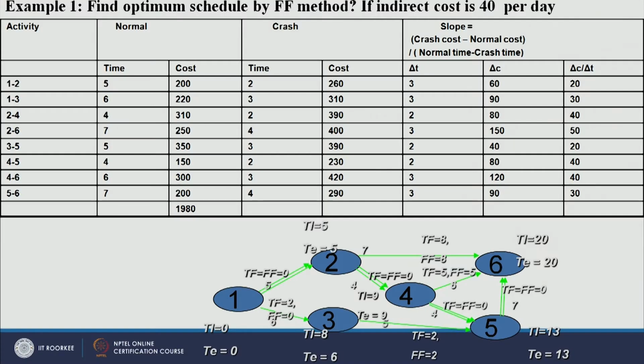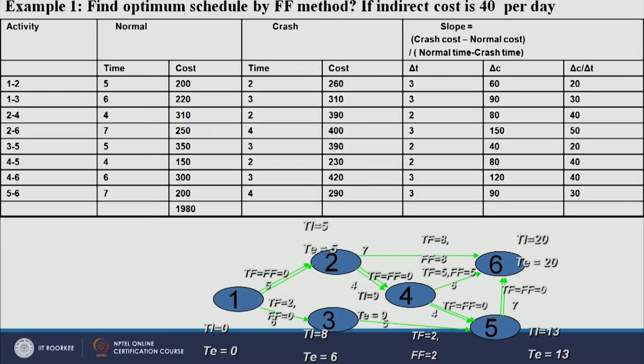So you just check your durations. For activity 1 2 it is 5, for 1 3 it is 6, for 2 4 it is 4, 2 6 is 7, 3 5 is 5, 4 5 is 4, 4 6 is 6, and 5 6 is 7, right? So let's get started.